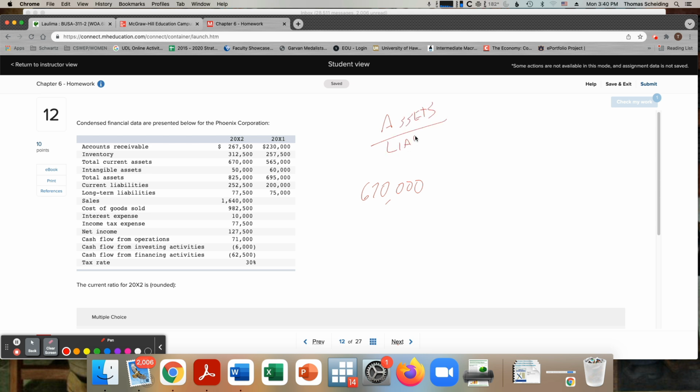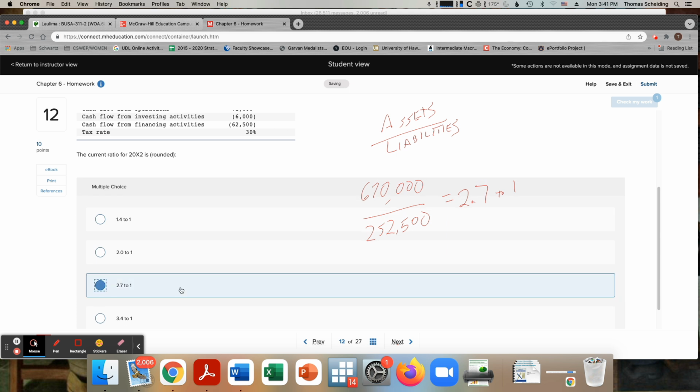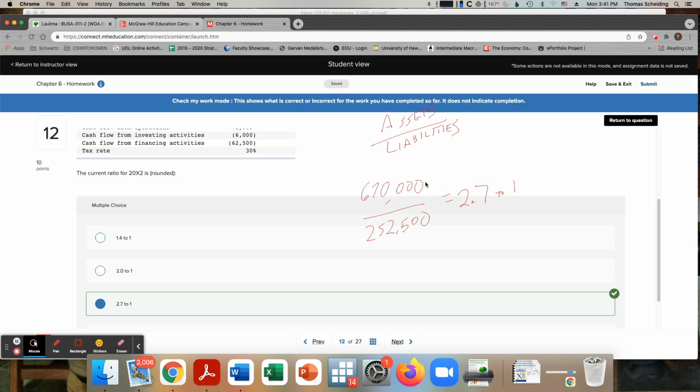So that's going to be 670 divided by our liabilities, which is the 252,500, which is 2.7 to 1. And hopefully we have an option that's like that. We do. Let's make sure. It is.